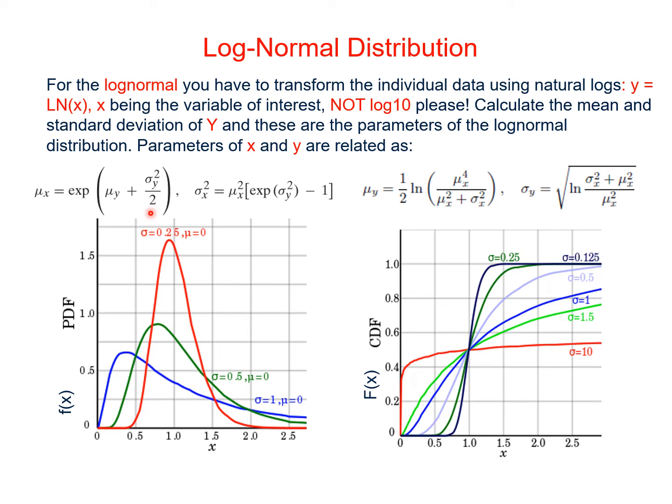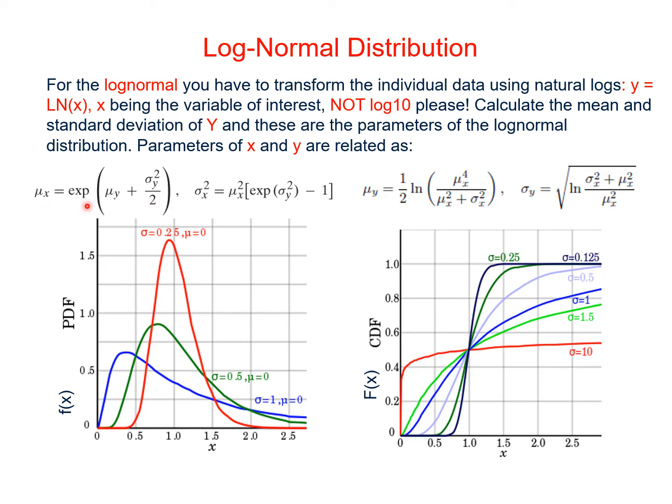Let's say the mean of the normal data is 100, and the standard deviation of the normal data is 200. Then you can use those two values to calculate the log mean and log standard deviation. Okay, and the equation is here.